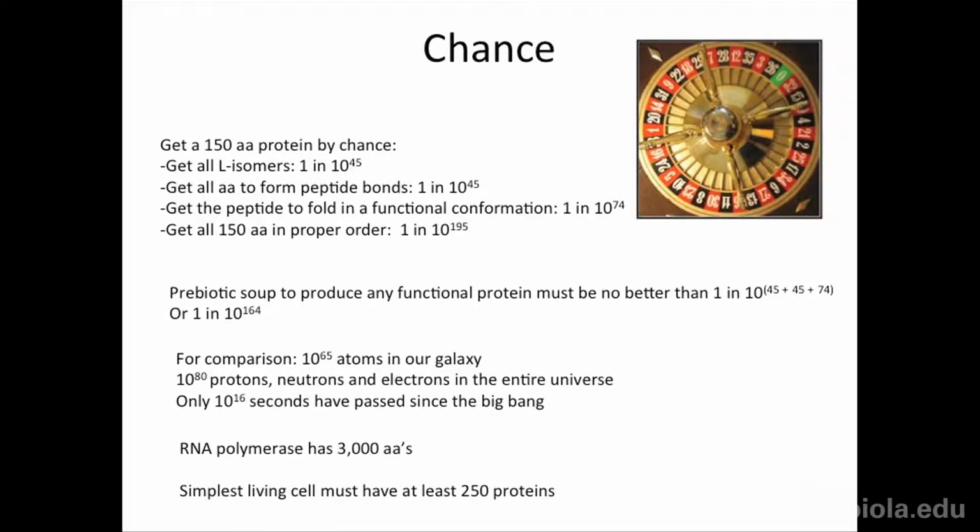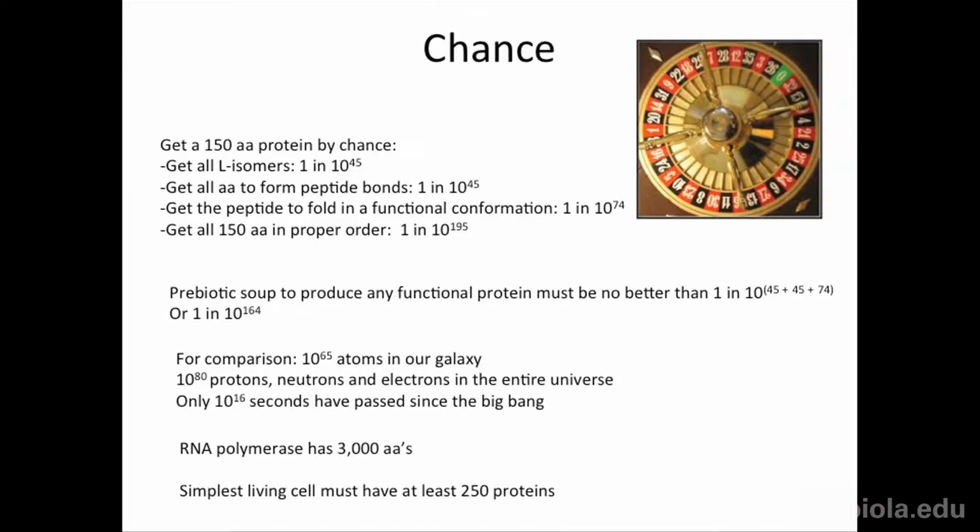So you have to get all 150 of them in the L isomer form. The chance of this happening just purely by chance is 1 in 10 to the 45 power. That's just getting all the amino acids there in the proper left-handed form. Because in cells, we only use amino acids in the left hand.